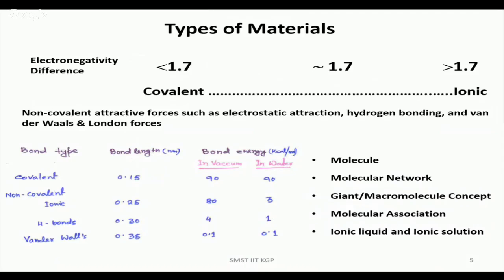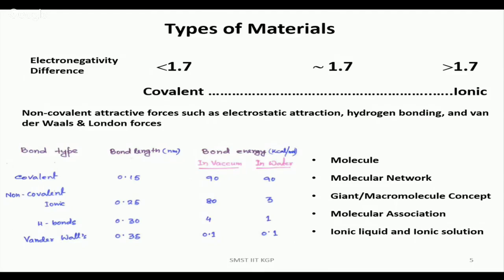Interestingly, the covalent bond has a bond length on the order of about 0.15 nanometer, and it has very strong bond energy in vacuum as well as in water.